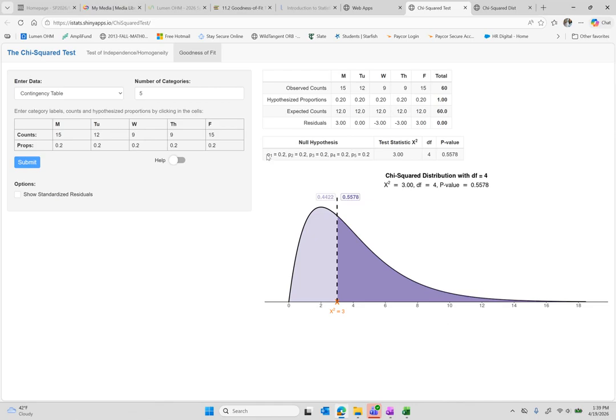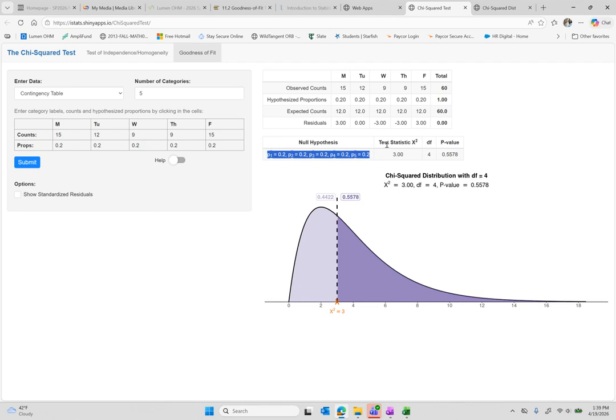The null hypothesis is stated as a mathematical expression that basically copies the proportions in your theoretical distribution here. That's your null hypothesis that says the proportion for category 1 is 20%, category 2 is 20%, and 3, 4, and 5 are all 20%.